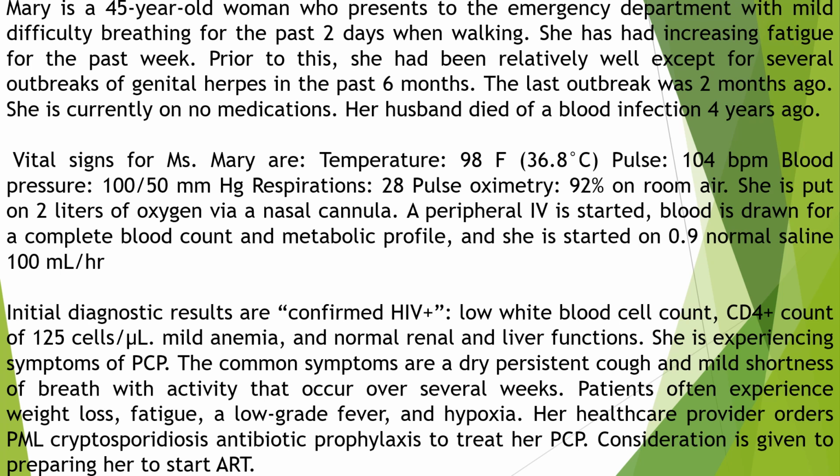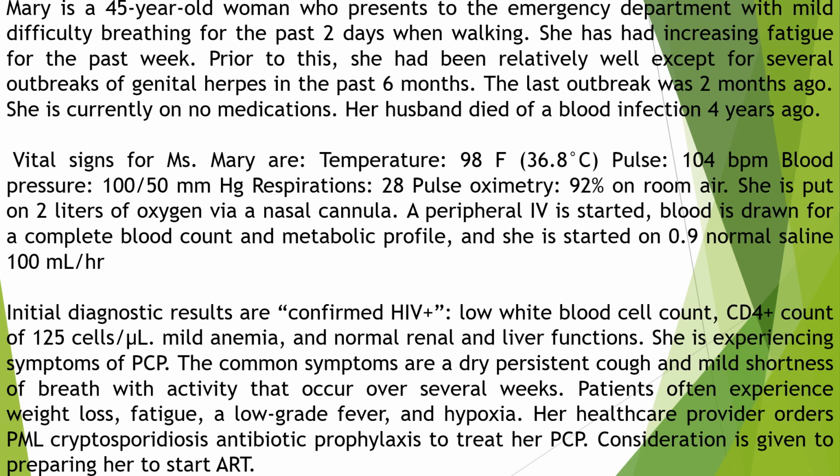A 45-year-old woman presents to the emergency department with mild difficulty breathing for the past 2 days when walking. She has had increasing fatigue for the past week. Prior to this, she has been relatively well, except for several outbreaks of genital herpes in the past 6 months. The last outbreak was 2 months ago.